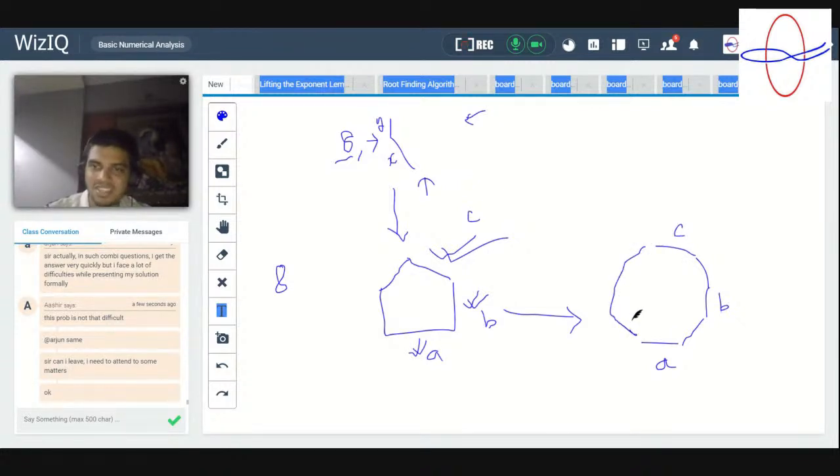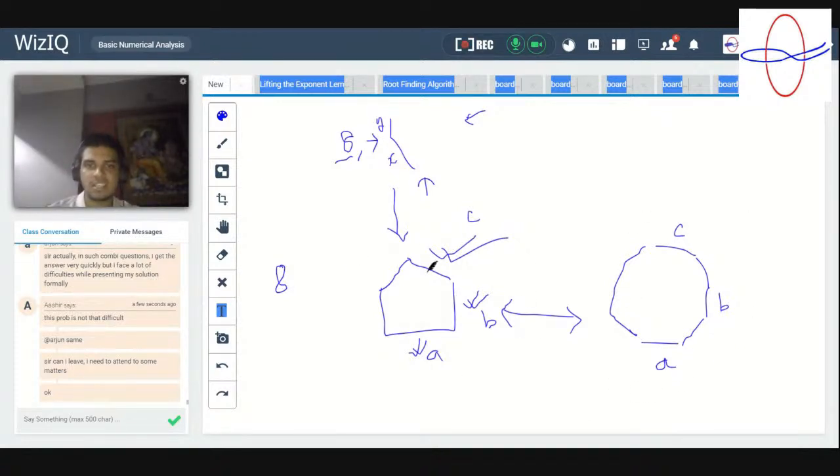I won't be drawing all of them. And we can see that this is a one-to-one mapping, that any such selection at this point will give you one specific selection here.